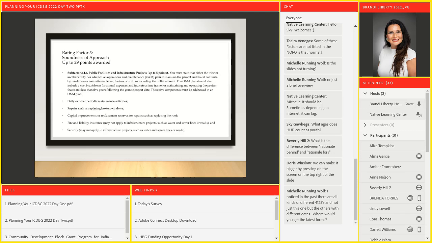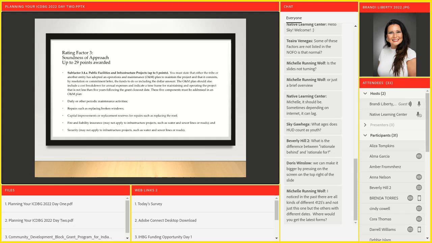If you're doing a public facilities and infrastructure project, you must state that the tribe or another entity has adopted an operations and maintenance plan, otherwise known as an O&M plan, to maintain the project, and that it commits by resolution or a commitment letter that they have the funds to do so, and what that dollar amount is.